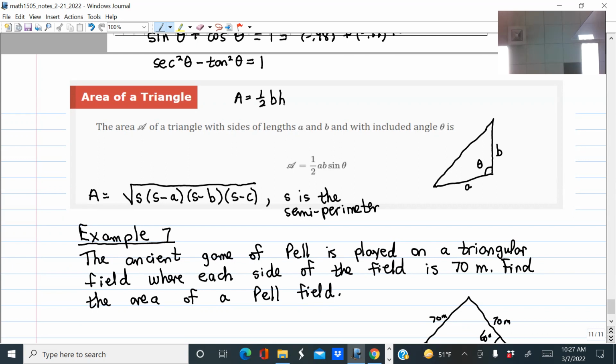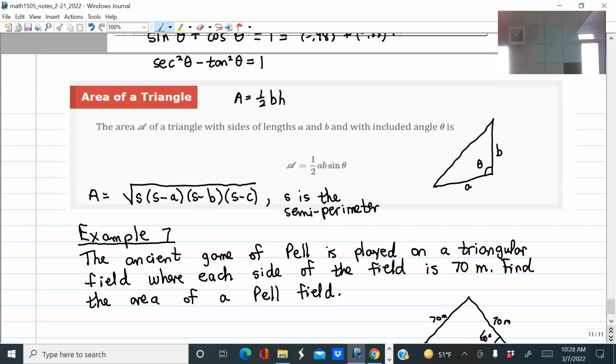You think of drawing the triangle with one side horizontal, and that horizontal side is the base, and then the distance from that base to the top of the triangle is called the height. So 1/2 base times height gives you the area of the triangle.